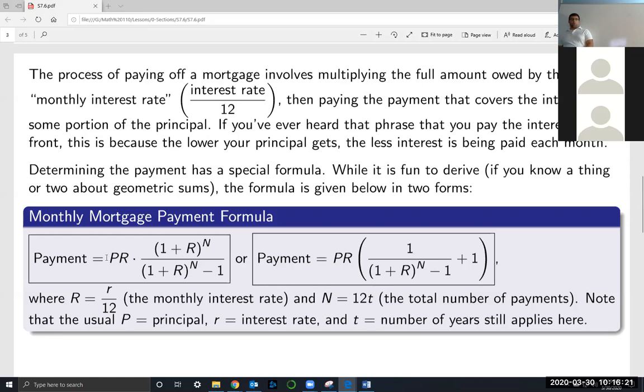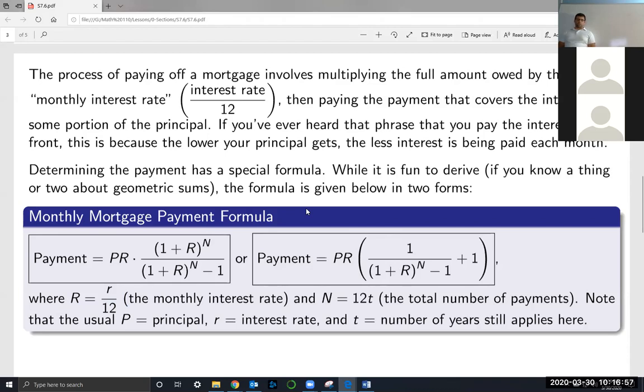So, principal times rate times (1 plus rate) to the n, over (1 plus rate) to the n minus 1. Or you can combine these two terms into something that looks like this. Capital R is usually the adjusted monthly interest rate, and N is equal to 12 months times the time of the loan, the total number of payments.